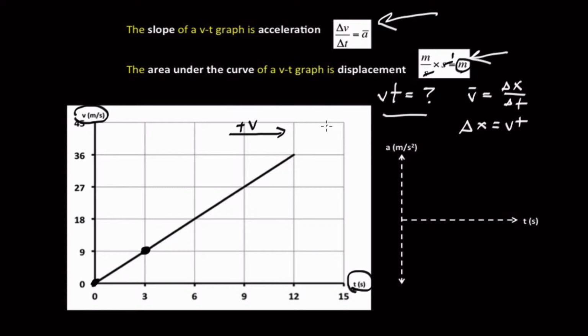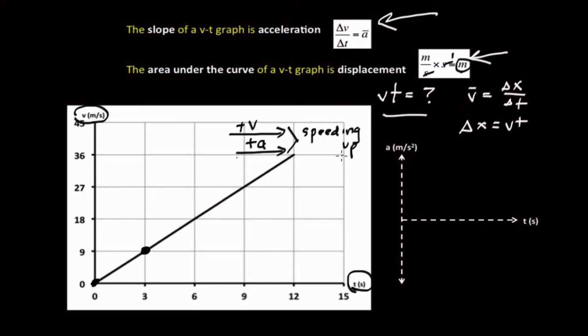Positive can be whatever direction you want, but let's just say it's to the right. This thing is moving in a positive direction. I also see that the slope is positive, and I know that's acceleration, so the acceleration vector also points in a positive direction. And we learn that when these two things point in the same direction, we have an object speeding up. And in fact, that's what we see when we look at the graph.